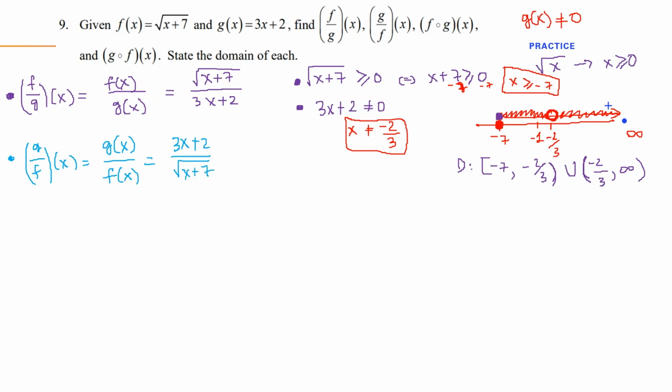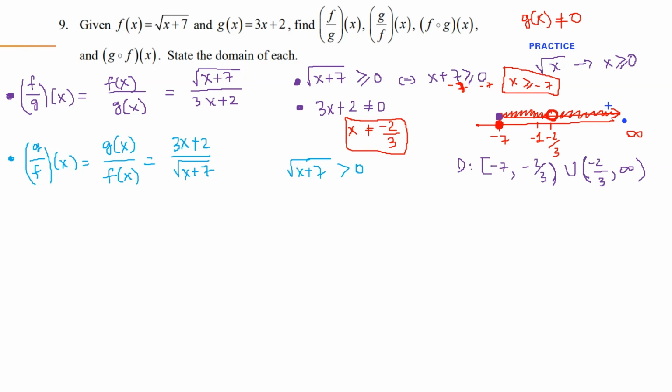Now, the square root of x plus 7 has to be greater than or equal to 0 because of the square root, but it is also in the denominator in this case. So the square root of x plus 7 has to be strictly greater than 0.